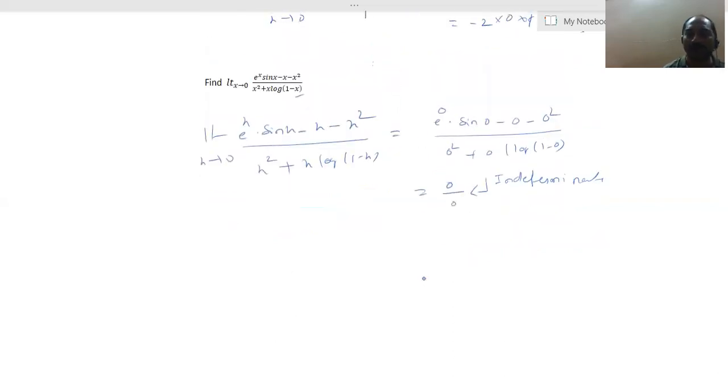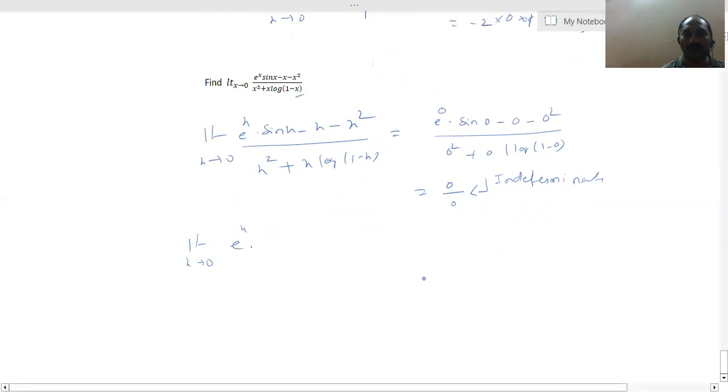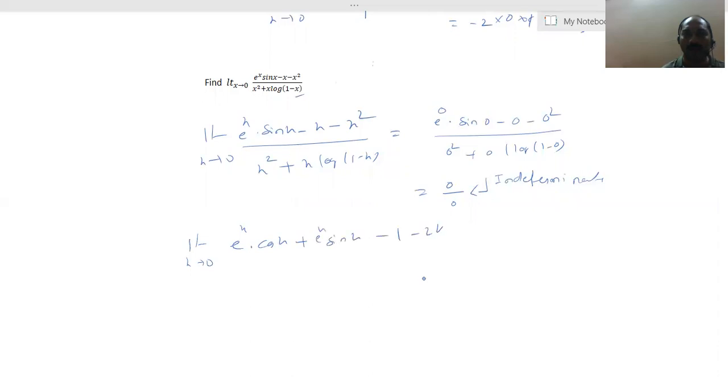It is difficult, so one needs to apply the L'Hospital rule. You can apply it if you have interest. This is the first method. By applying the L'Hospital rule, it may take more derivatives. We get e power x into the derivative of the second function, cos x, plus e power x into sin x, minus 1 minus 2x.